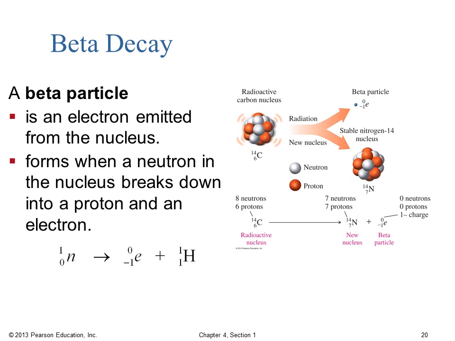If you look on the picture on the right hand side of the slide, we see that on the right side of the equation, that 14 is added to the 0, so we still have 14 of a mass number on both sides of the equation.